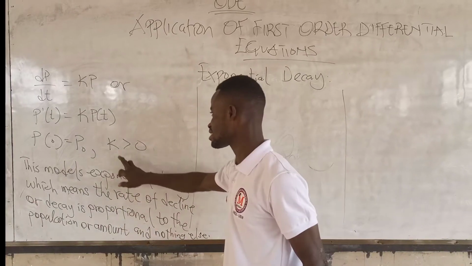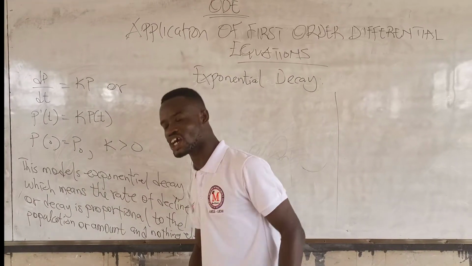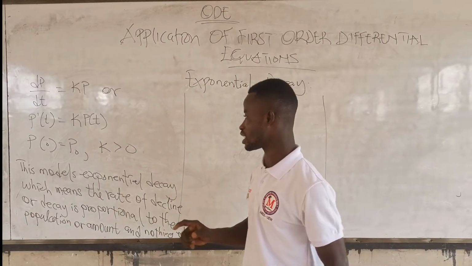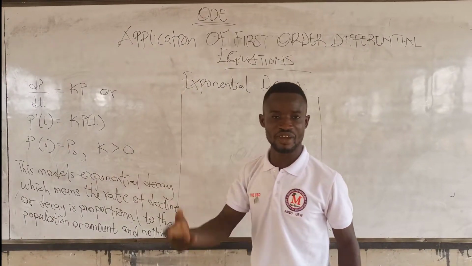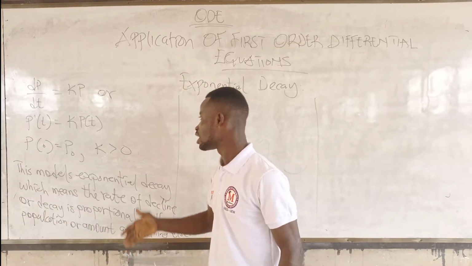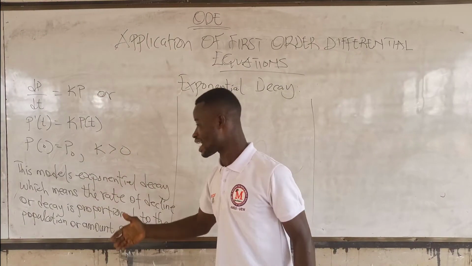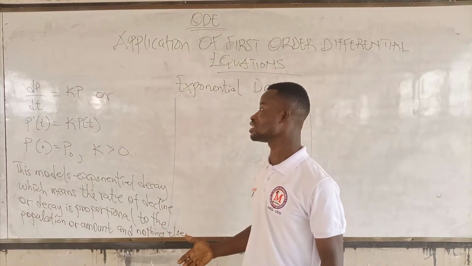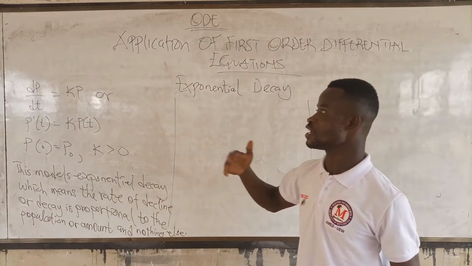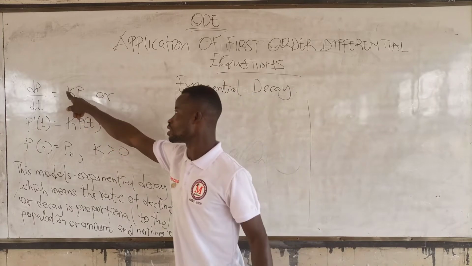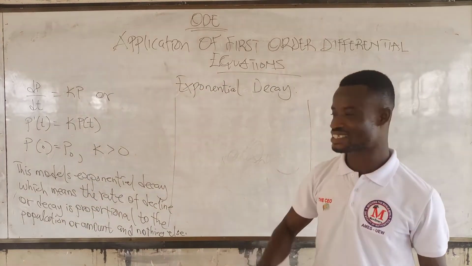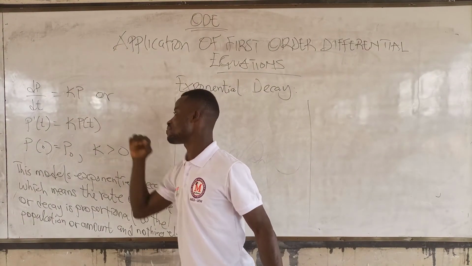Now we are saying that this k is a constant of proportionality, and it should be greater than 0. That means that there are sometimes that it can be negative, but it depends on the question. If the population increases, then k will be positive. But if the population decreases, then that is going to be negative.